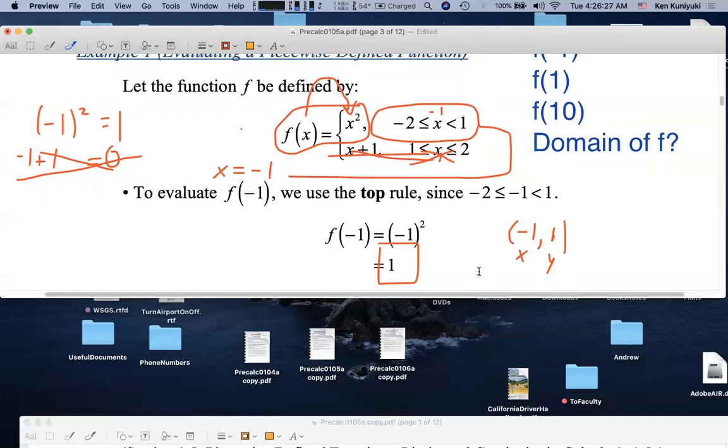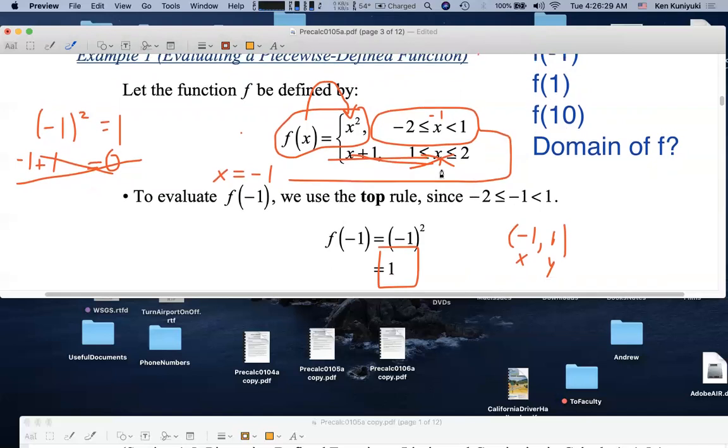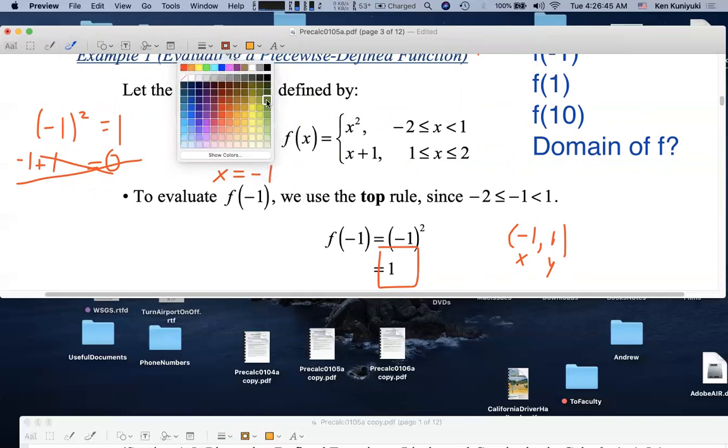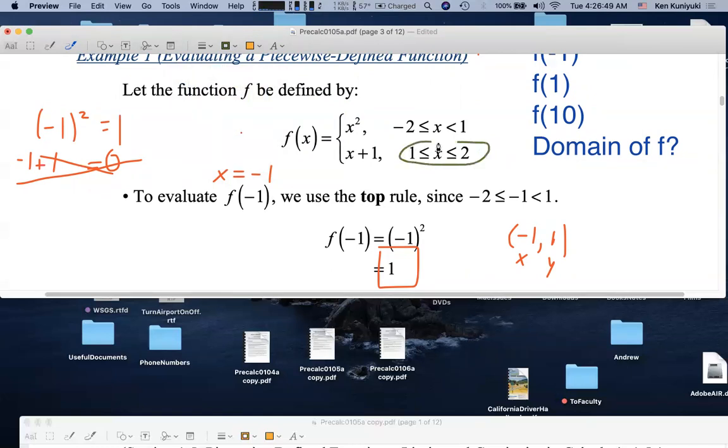All right. Now, what about f of +1? I have to erase all this. Which subdomain and which rule will apply if x is +1? It's a close call this time, but if x is +1, the bottom subdomain applies. 1 is in the bottom subdomain because of the bar there.